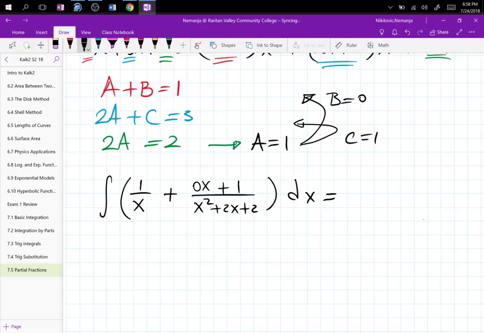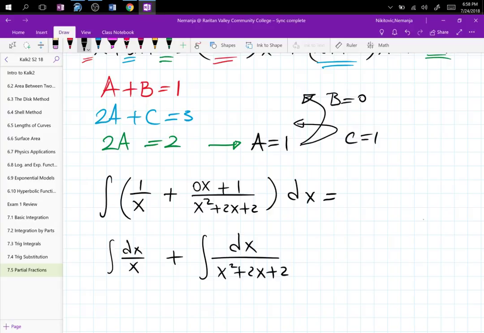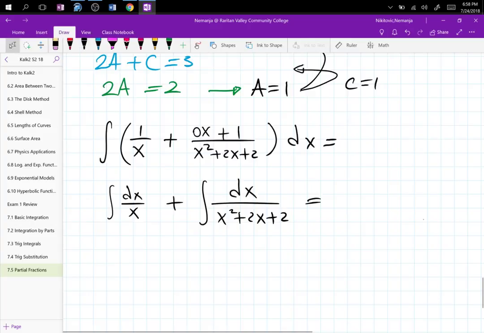So now we can split this into two separate integrals. I have the integral of dx over x plus another integral, the integral of dx over x squared plus 2x plus 2. The first one is easy. It's just ln absolute x plus, and now what do we do here?